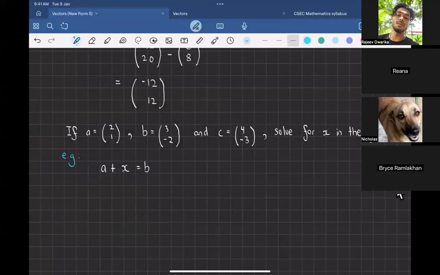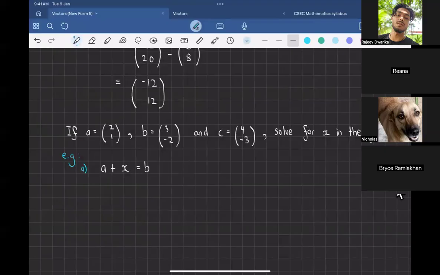So I'm calling upon you to help me with this. Right. So, Nicholas, I want to find X. So there are two ways I could do this. I could replace the letters with the vectors and then find, or you can make X the subject one time.